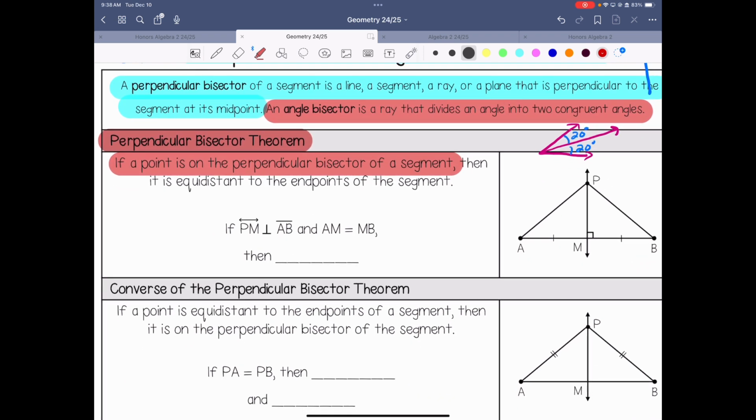It's more important that you draw the picture. But what that means is, I've got this point right here, P, that's on this perpendicular bisector to this segment. And I know that because that's a 90-degree angle, and these two pieces are congruent to each other.